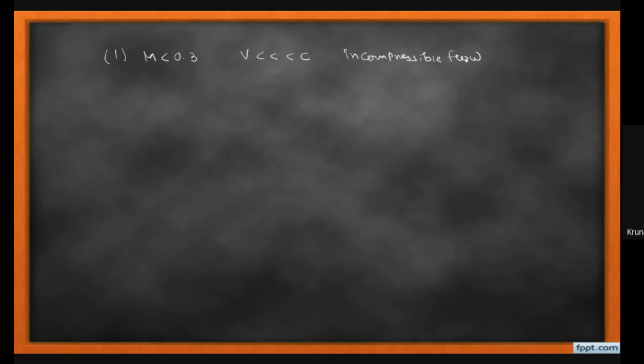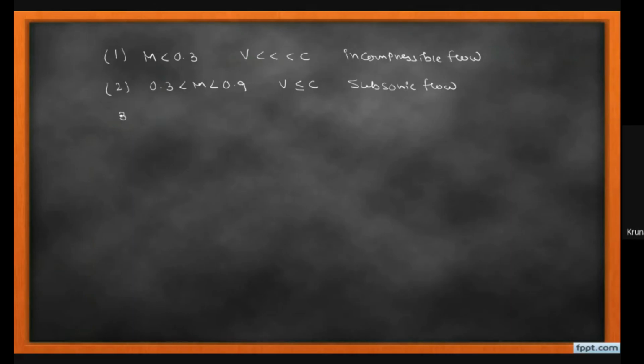Flow generated by fans and blowers is called incompressible flow because the density does not change. Now the second category, in which the Mach number is more than 0.3 but less than or equal to 0.9. Here the velocity of the object or fluid is near to or less than the velocity of sound, and it is called subsonic flow. The examples are aircraft and turbomachinery.